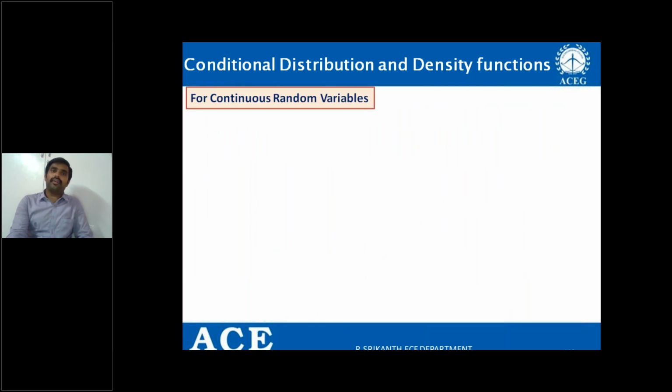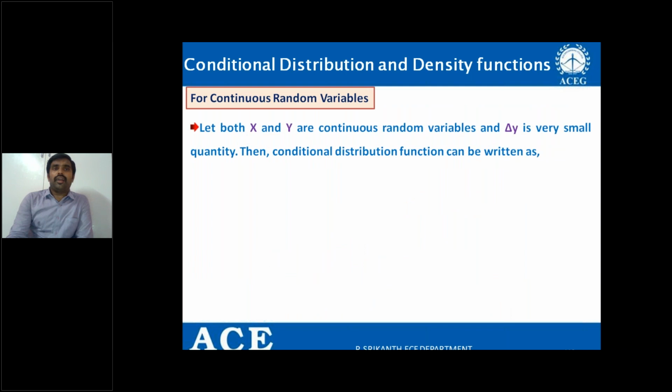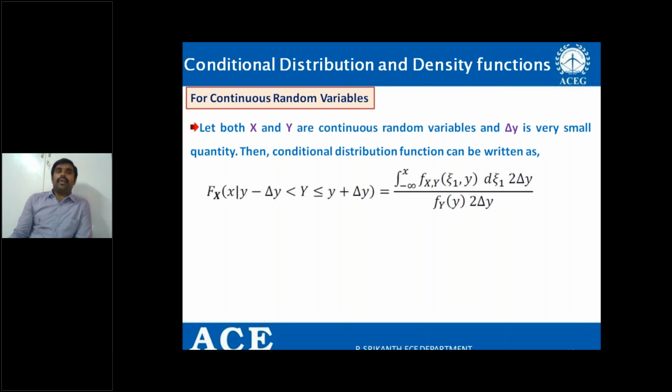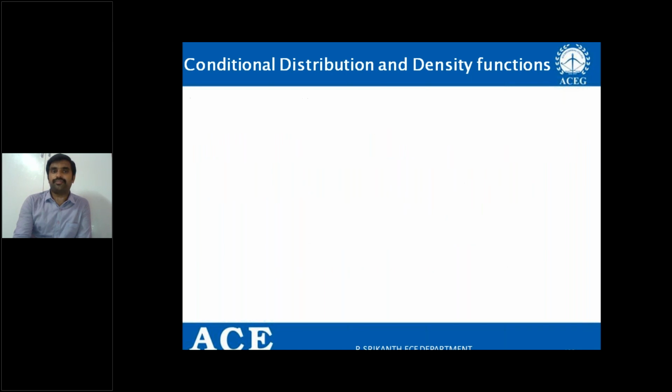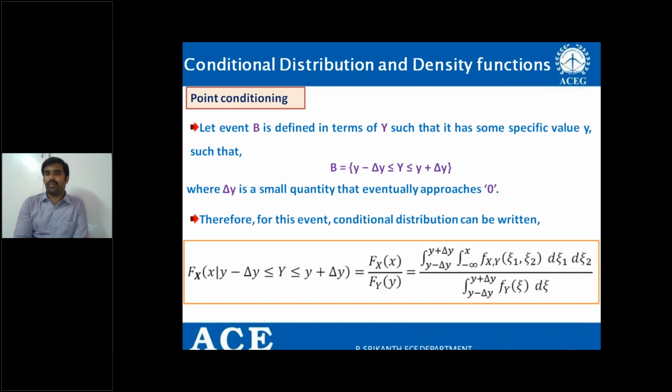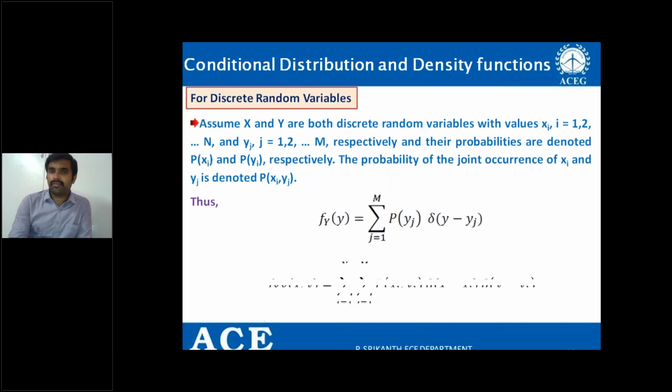Next, coming to the continuous random variables, if x and y both are continuous random variables and delta y is a very small quantity, then the conditional distribution, we have taken this already. What is the actual formula here? So this is the formula. You can even simplify this. Just remember the denominator term.